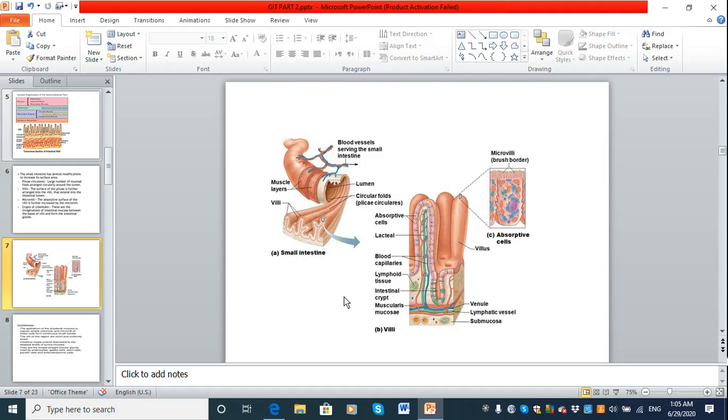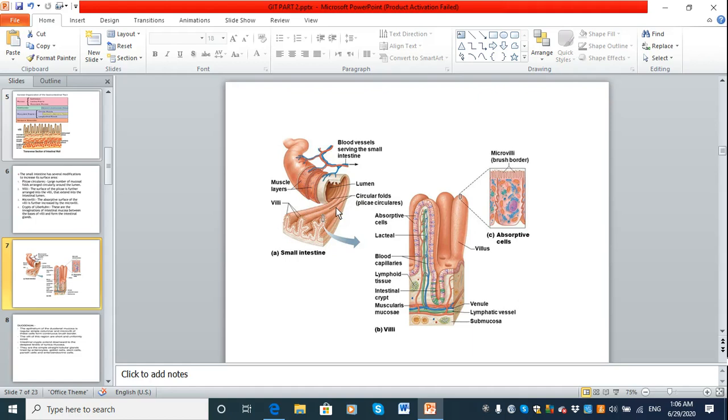What we see here in the cartoon diagram, you see A, it's the small intestine, the normal layer. We have blood vessels and the whole small intestine. We have the lumen, we have circular folds, which is the plica here. Look at the surface, and back to our example when I said we have a t-shirt and we start to fold it one layer by layer. Look at the plica here, circulating like this, folded.